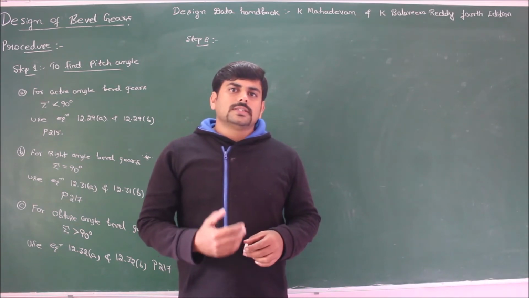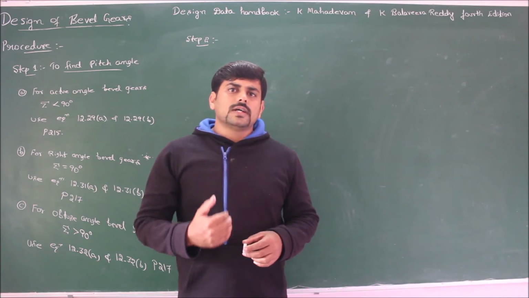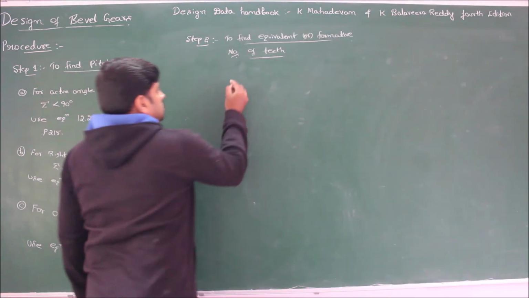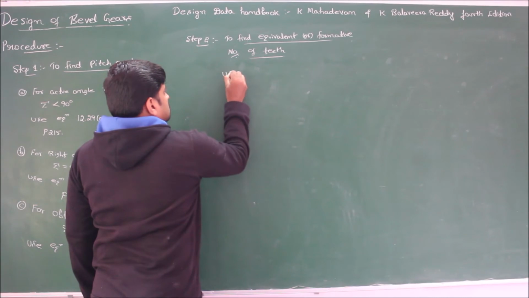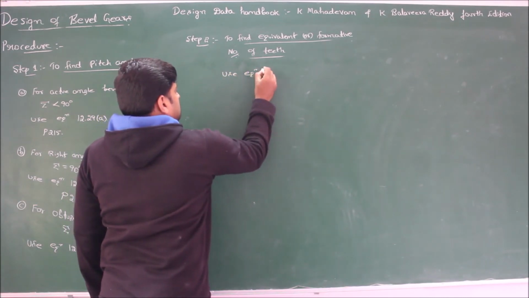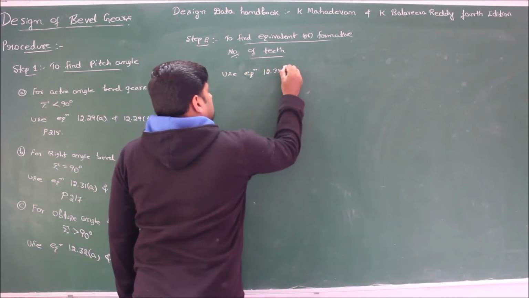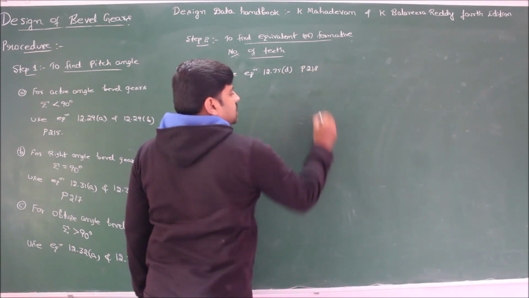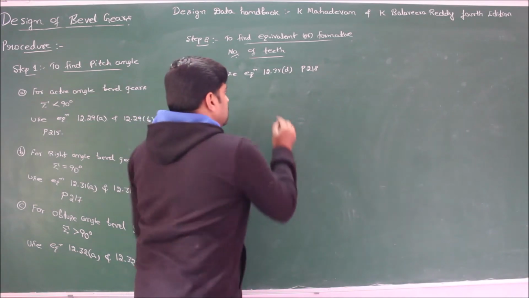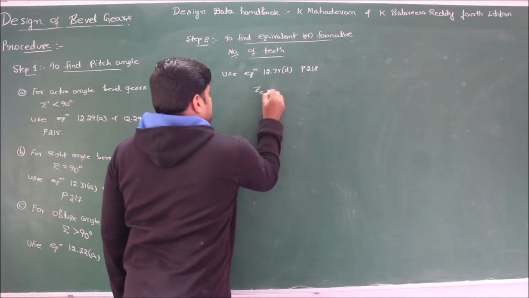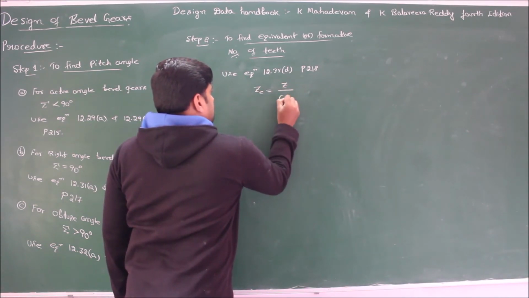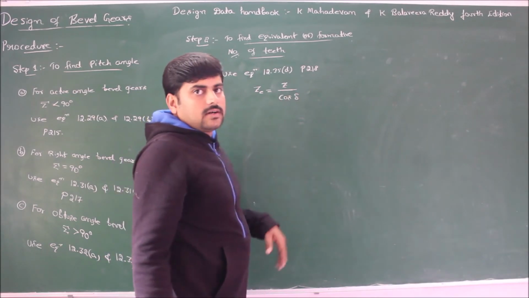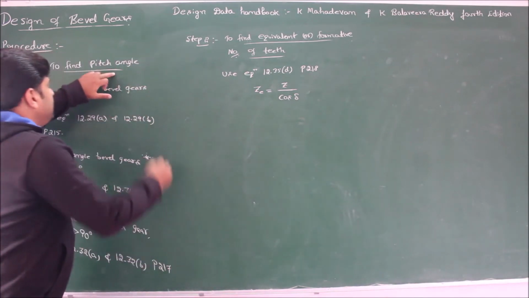In order to use the Levy's form factor equations of spur gear, first we should determine the equivalent number of teeth. Use equation 12.35d present in page number 218, which is given by Z equivalent is equal to Z by cos delta, where delta is nothing but the pitch angle.